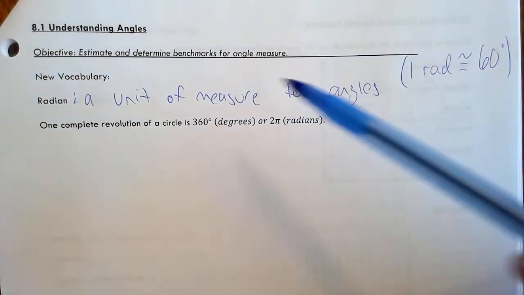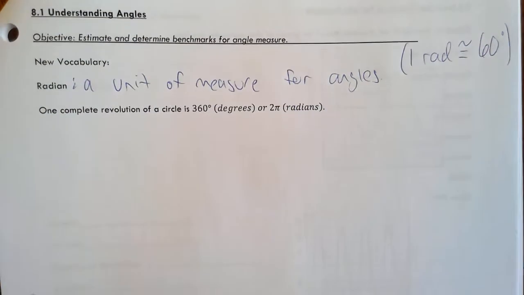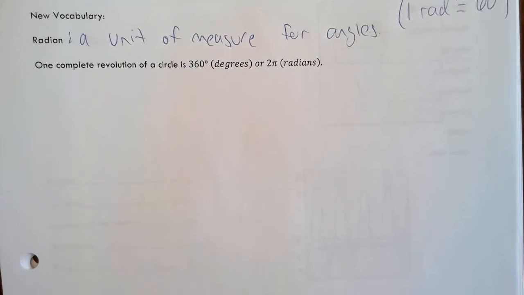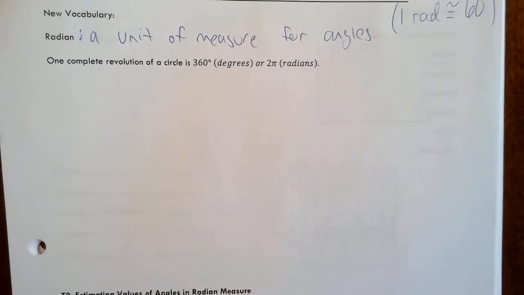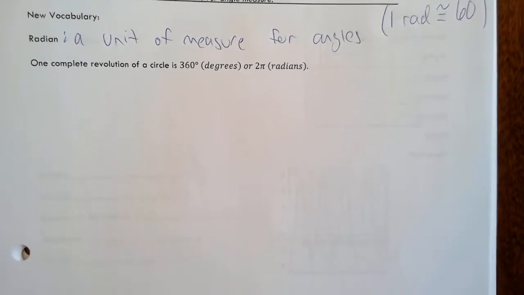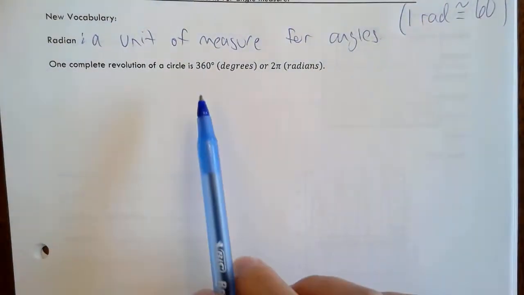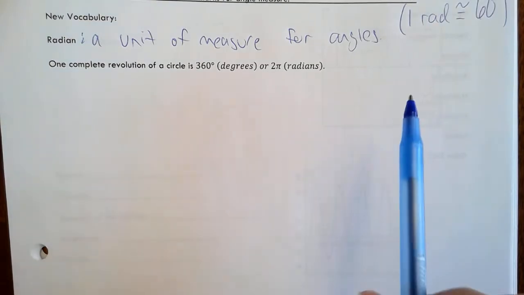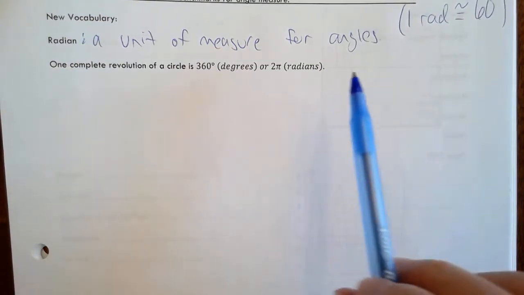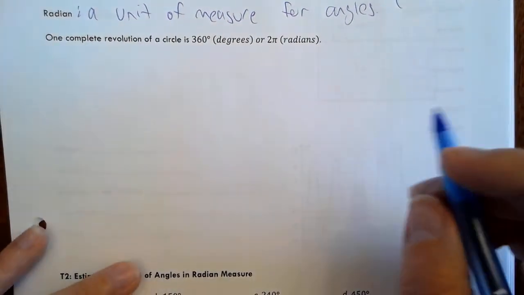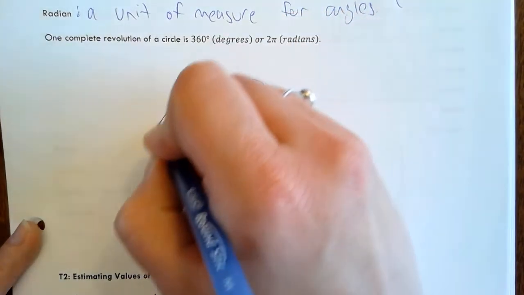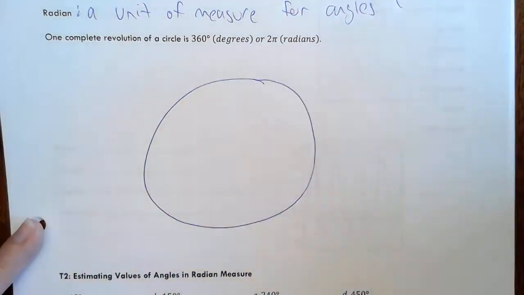So we're going to draw ourselves a picture here, kind of comparing radians to degrees. Personally, when I was first learning about radians, I had a really hard time wrapping my mind around what a radian is. It's just another form of degrees, like kilometers and miles are similar, degrees and radians are similar.